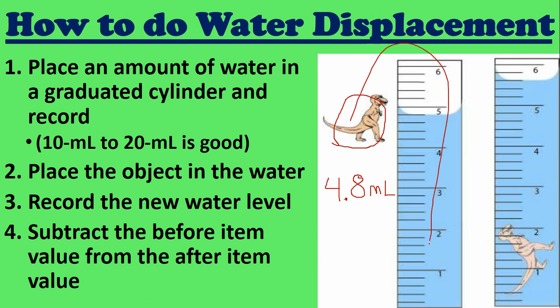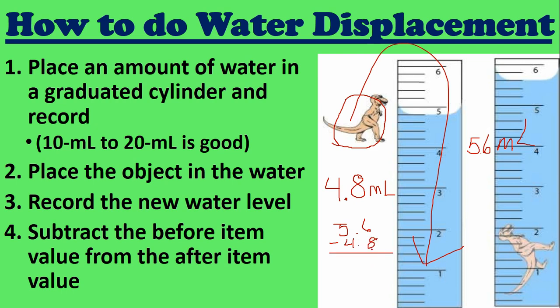So we place it in. What happens is the water level rises, so we need to record the new water level. Here it's at 5.2, 5.4, 5.6 milliliters. Then you're going to subtract the two. 5.6 minus 4.8.